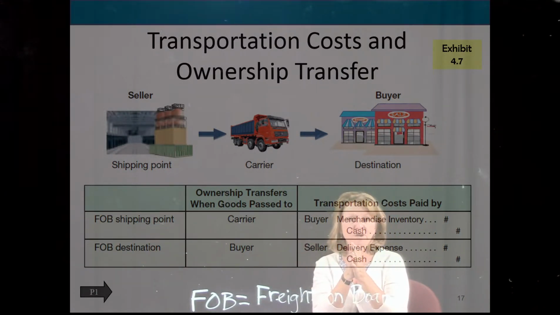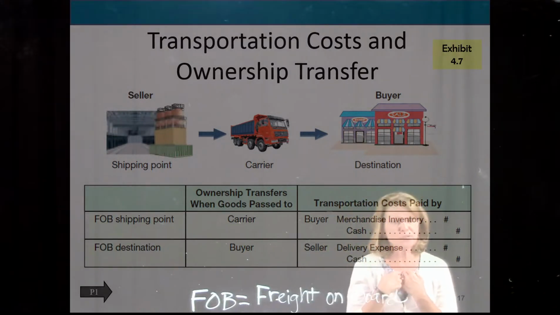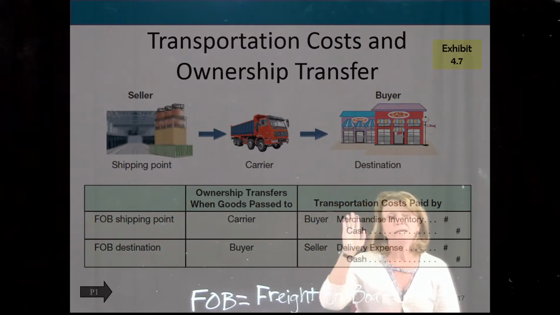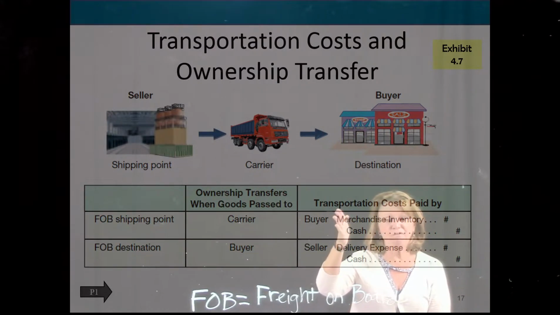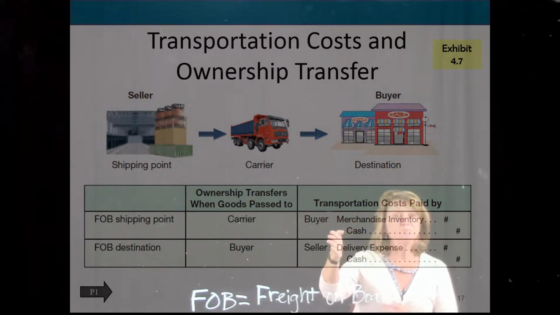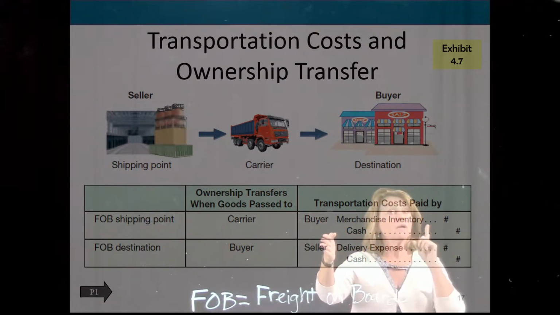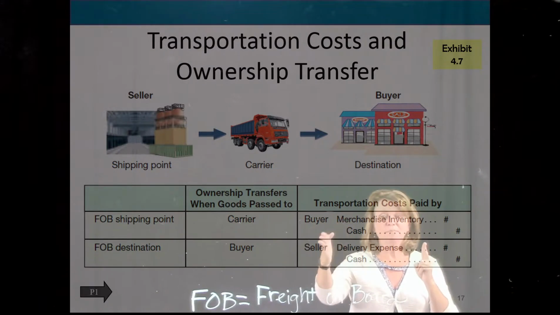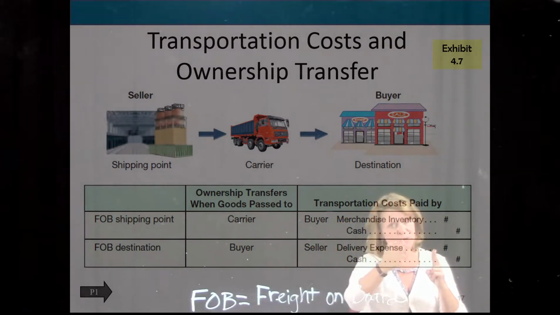So if I order bicycles from Schwinn manufacturer, if it's FOB shipping point, I, the owner of the bike shop, both pay for the shipping and own the bikes the moment they leave the Schwinn factory.